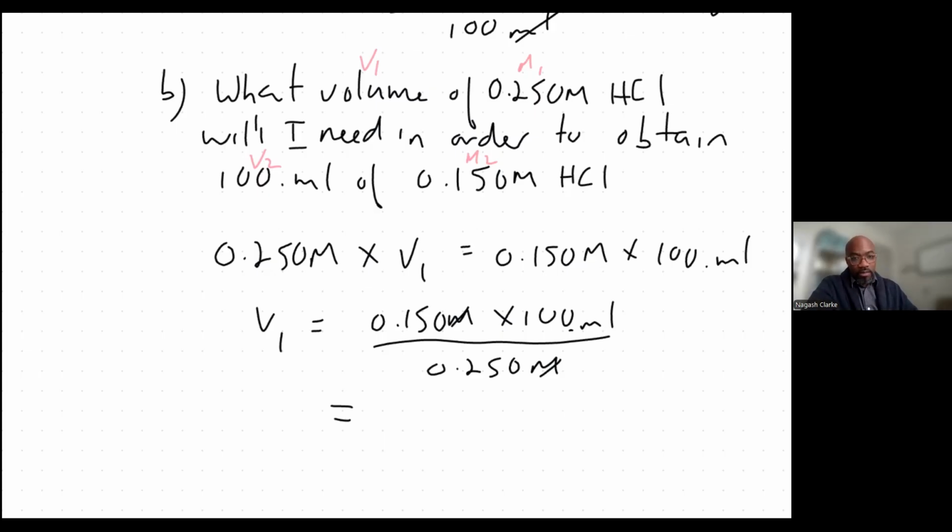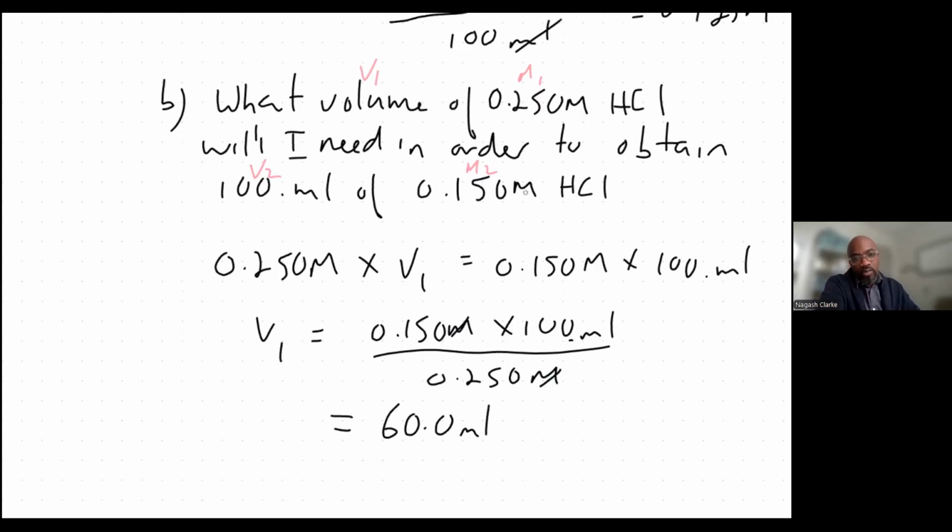So I need 60, I'm going to make sure my sig figs pick up 60.0 milliliters, which makes sense. So my starting molarity is 0.25, so I'm diluting, that's always going to be the case. So I'm diluting to 0.15, which is a little more than half of what this is.